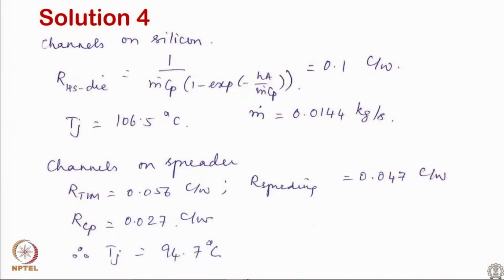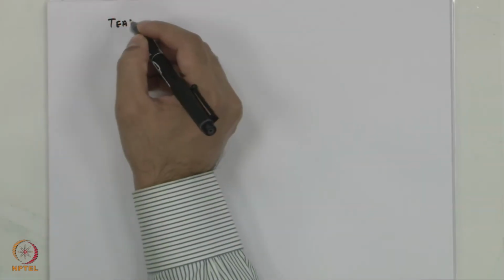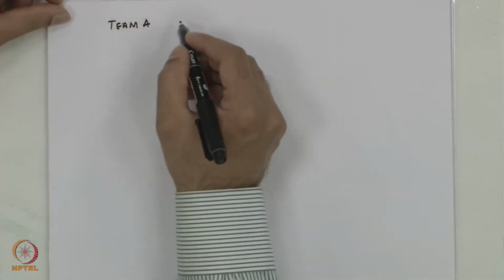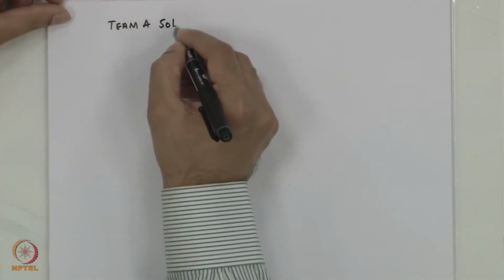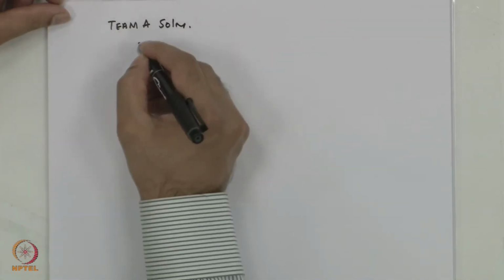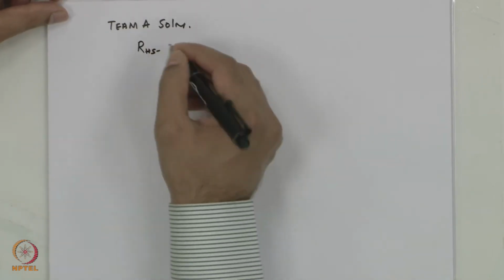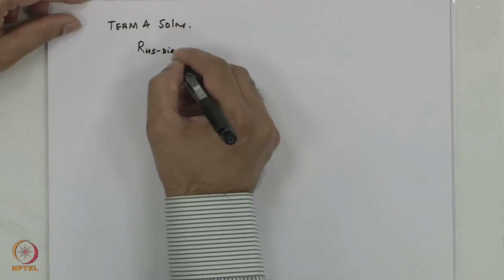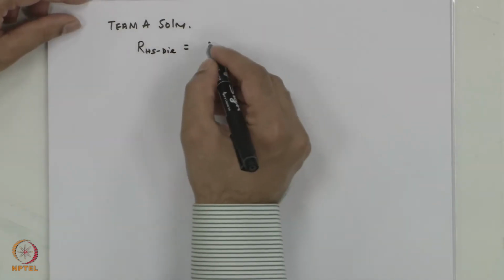We will see whether team A's solution is better or team B's solution, and just to recall, team A's solution was such that the heat sink was directly integrated on the silicon die.